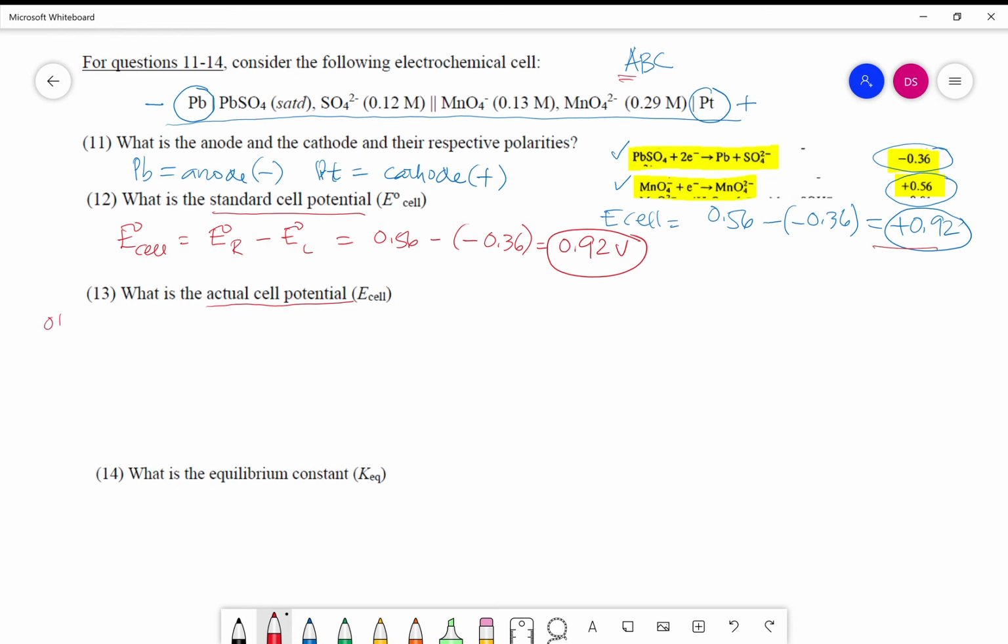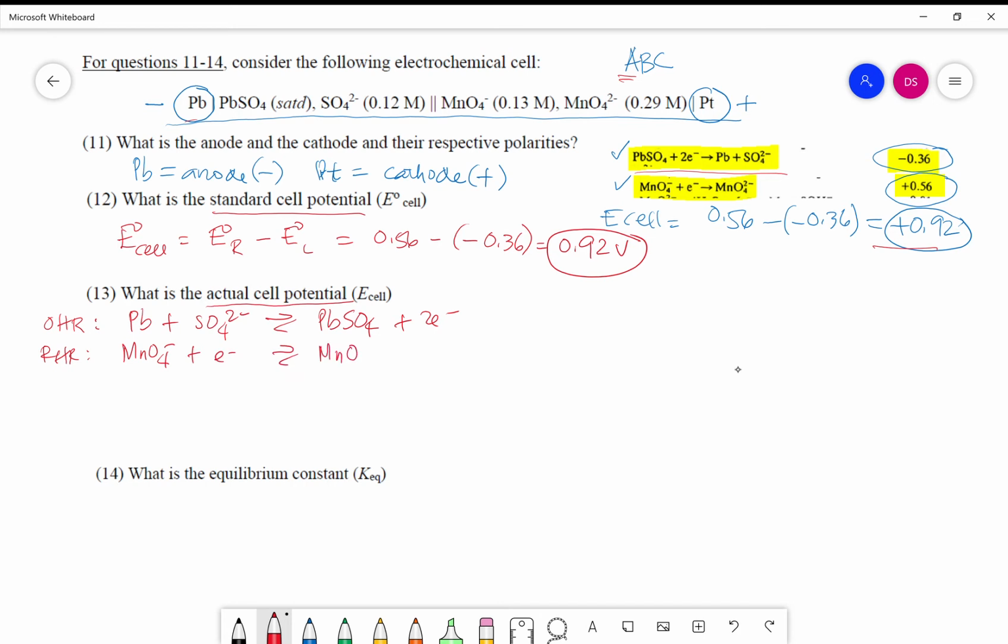The oxidation half reaction would be oxidation of lead, which is just the reverse of this reaction as written. So we have Pb plus SO4 2 minus yields PbSO4 plus 2e.